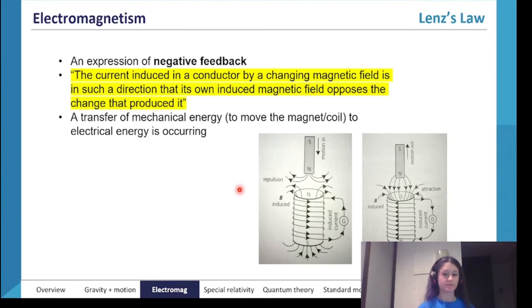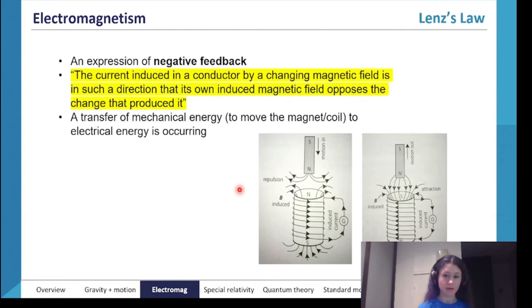This doesn't make sense. Think about why this scenario doesn't make sense. Pause the lecture for a second and have a think about it. It doesn't make sense because that energy has just been newly created, right? A current is induced, and your magnet is being pulled in. There's no resistance you're facing. It doesn't make sense.